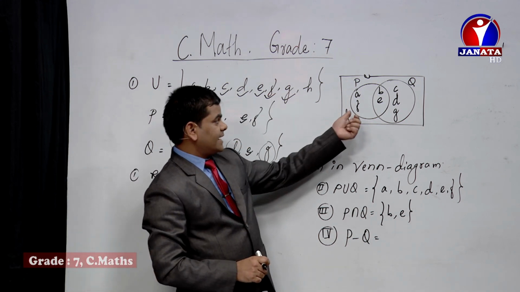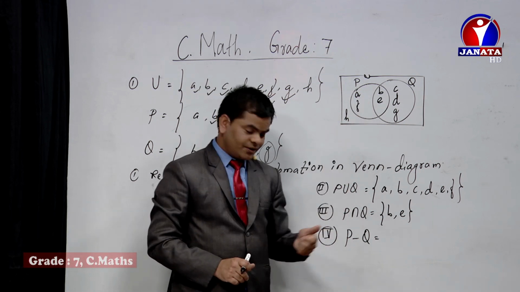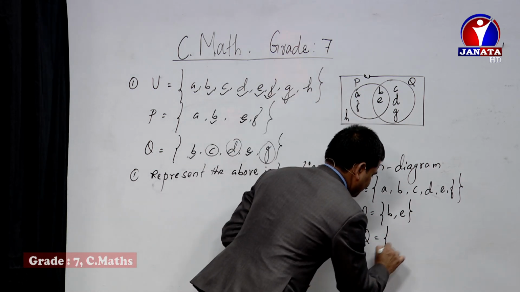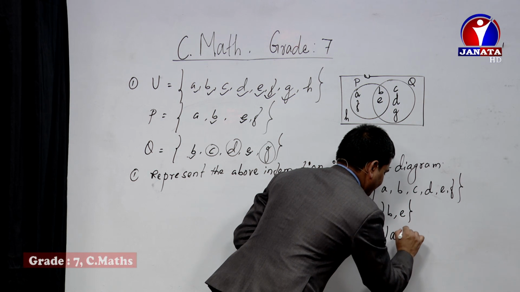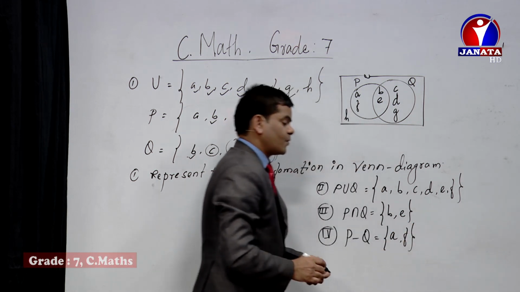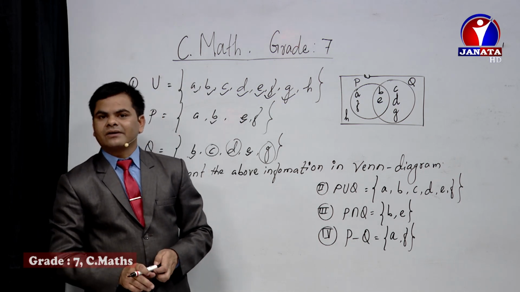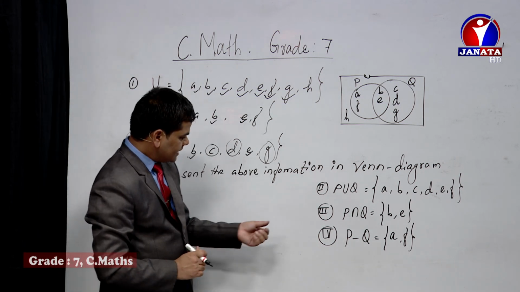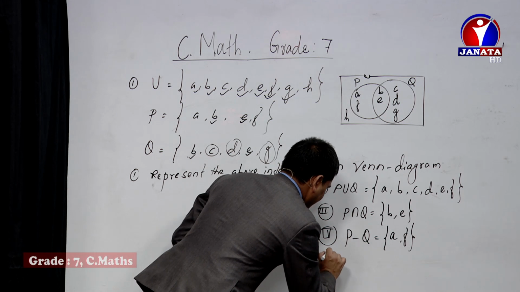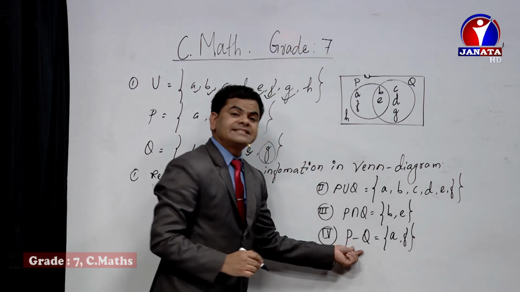So if you see in the Venn diagram, A and F. So let's copy in the place of P difference Q, A, comma, F, and close the elements with a curly bracket.